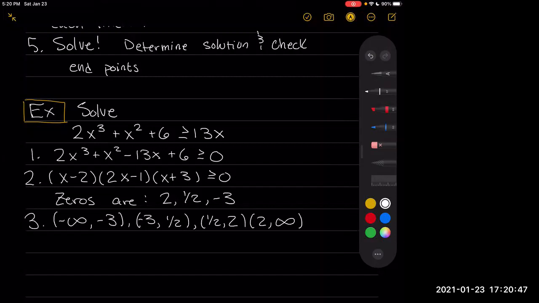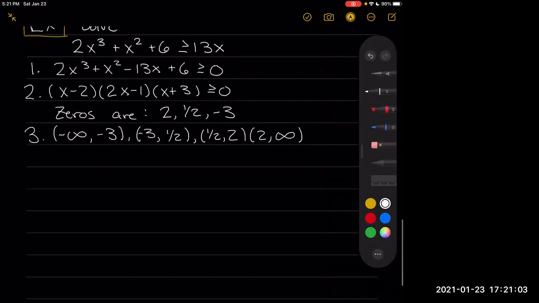And so I just listed our zeros in order of smallest to greatest and just kind of went through and created our intervals in that order. And we divide them where we have a 0. All right. And so now 4, we're going to make our table.